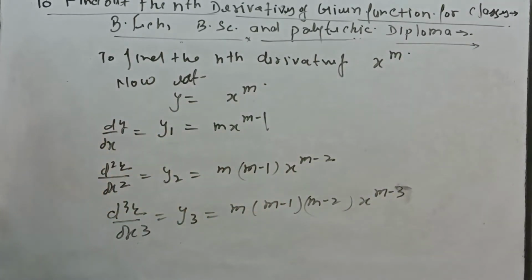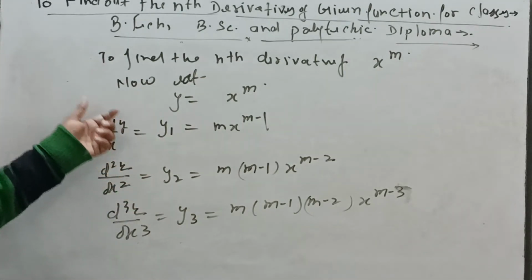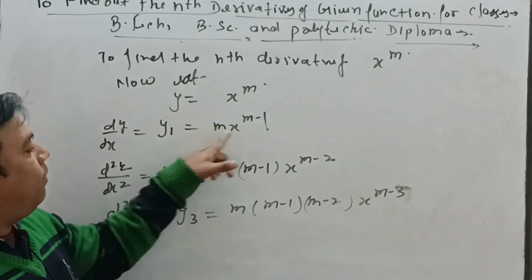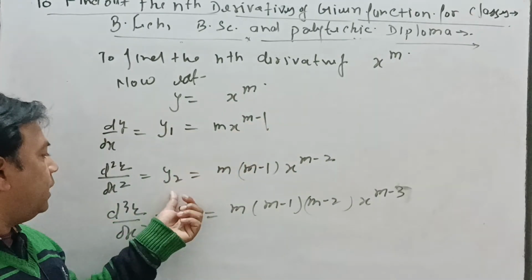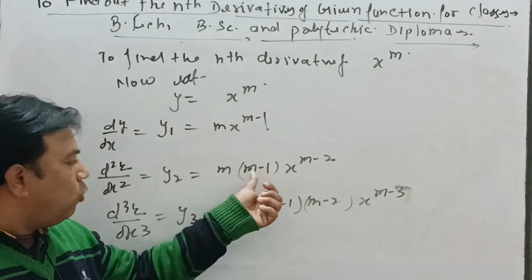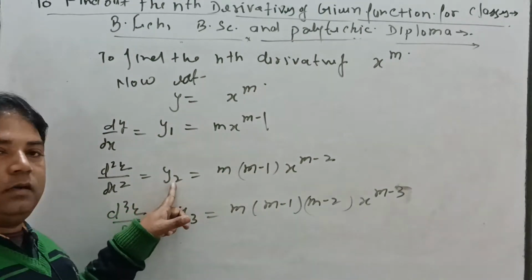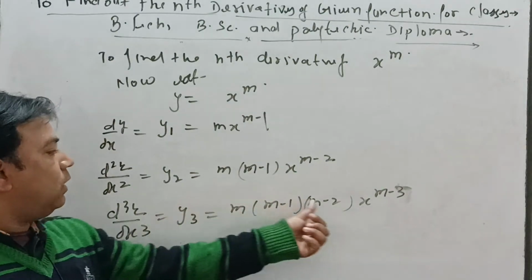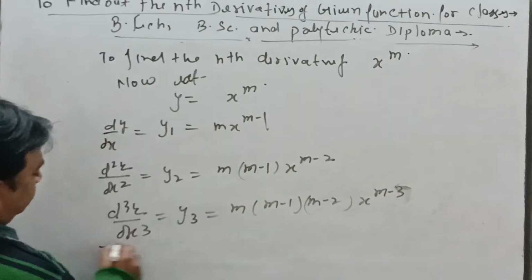So checking in the questions: the first differentiation gives m, the second gives m minus 1, the third gives m minus 2, and so on.